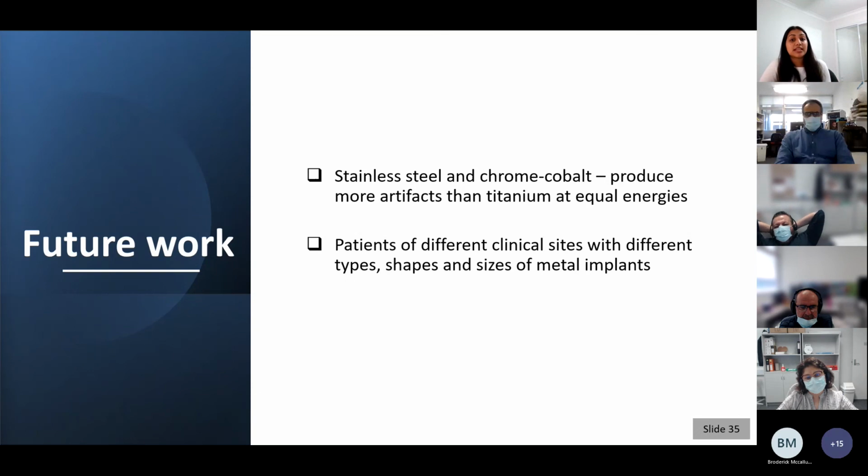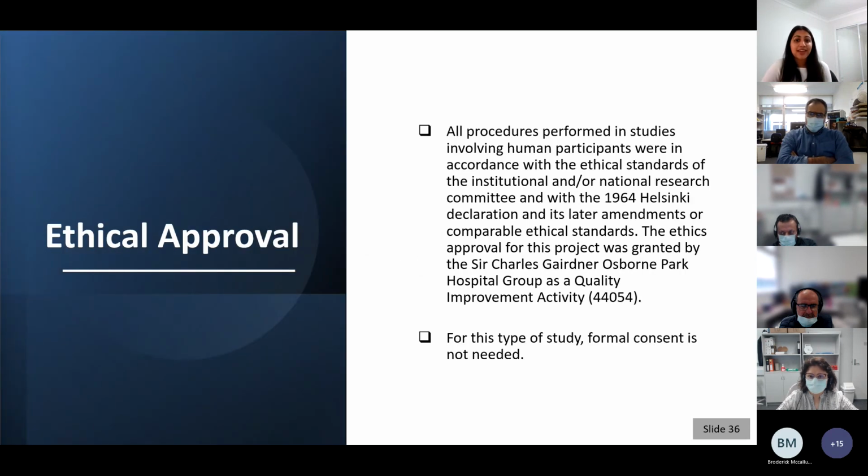And because this study only focused on spine and pelvic regions, if we were to continue this in the future, we would like to study patients of different clinical sites with different types, shapes, and sizes of metal implants. Another study to conduct would be to compare SEMR with metal artifact correction using deep learning and see if there is any difference, and if so, by how much.